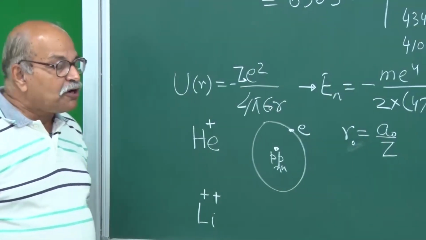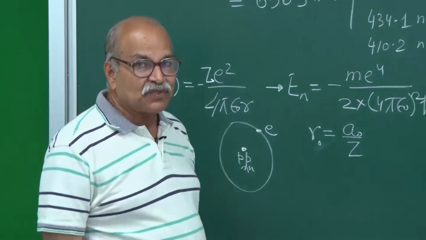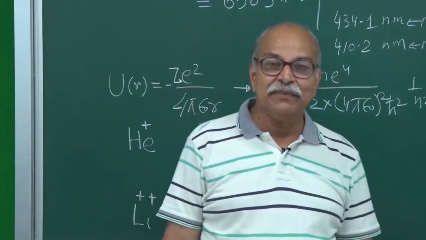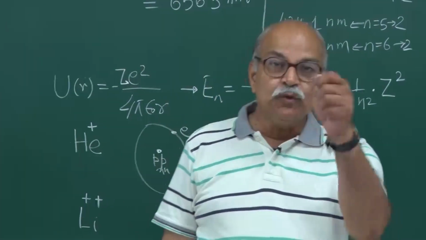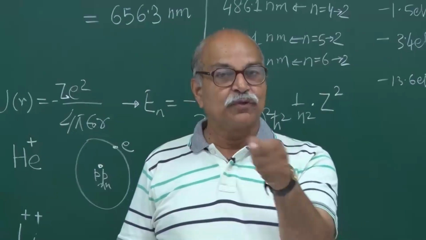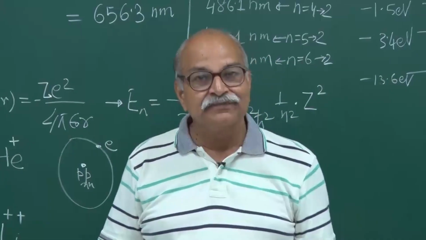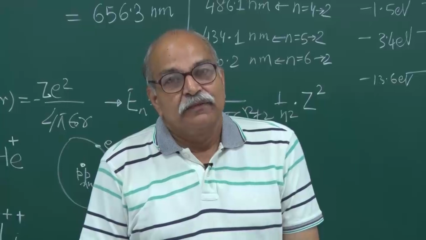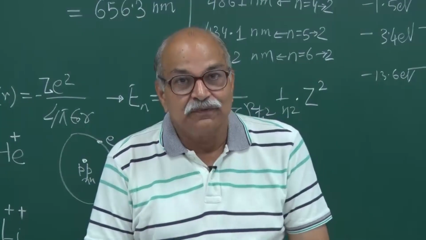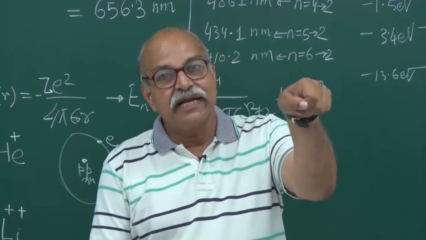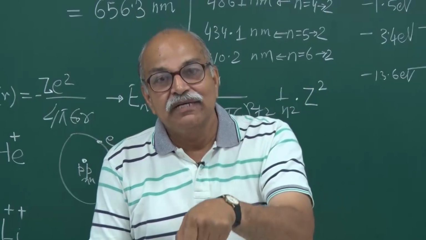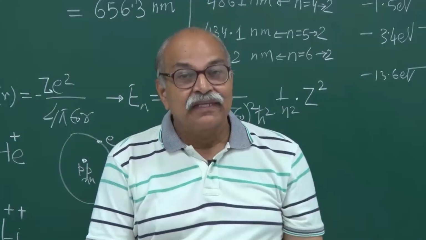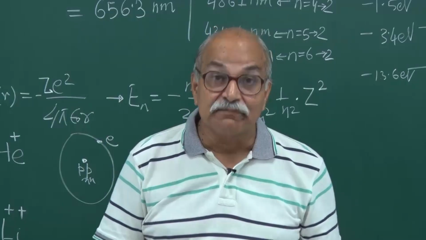But then if you talk of helium atoms, not helium ions, helium atoms, where you have 2 protons and then 2 electrons. That means the potential energy of any of these 2 electrons, if you write it in the field of the nucleus and the other electron, is not of Coulombic type.